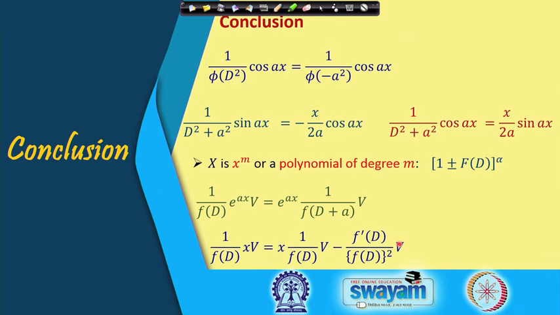So, we have seen so many tricks about getting this particular integral. We have also learned how to compute the complementary function or the general solution of the homogeneous equation. So, to find out the general solution of the non-homogeneous equation, we have to just add the complementary function and the particular integral which we have learned in many situations.